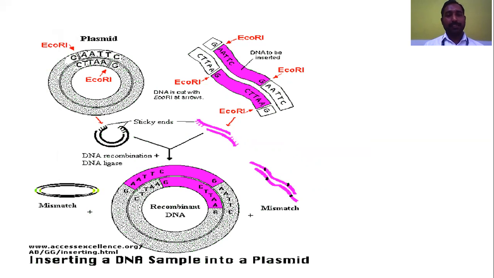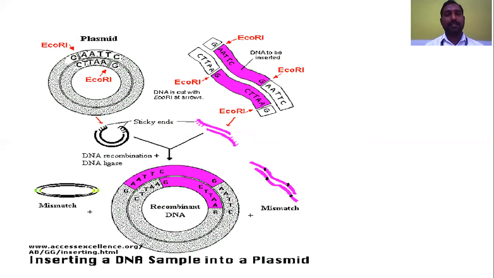So here we have another example depicting the recombinant nature, inserting a DNA sample into a plasmid. Here we have the general plasmid, which can be pUC18 or pBR322, or many other types of plasmids, and those plasmids are restricted.